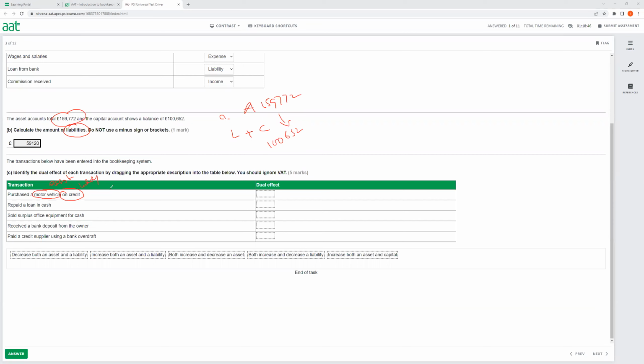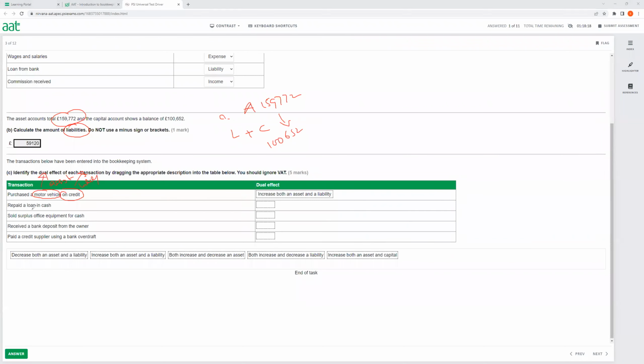So the asset is increasing because I'm buying a motor vehicle coming to the business. At the same time, I buy on credit, I buy on loan, so the liability is also increasing. So both asset and liability are increasing. That's the first one.